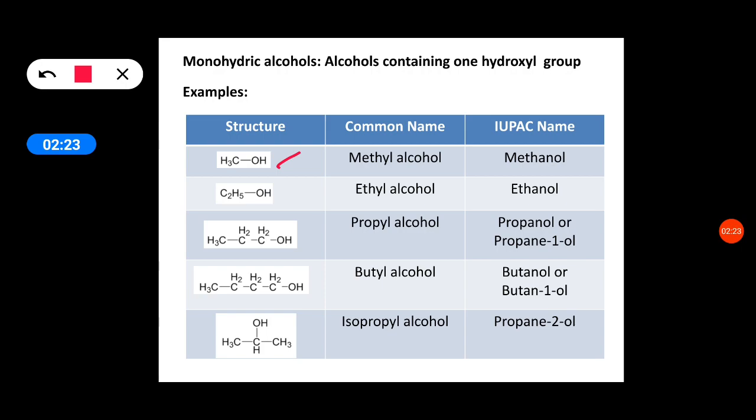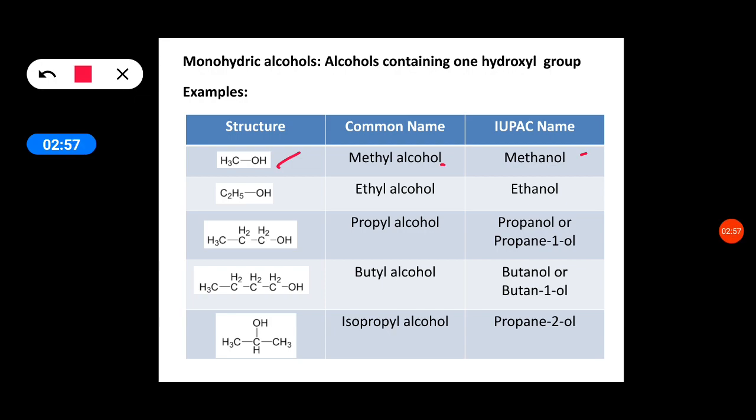In the common name, the alcohols are named as the corresponding alkyl group, and to that suffix alcohol is added. So here methyl group is there and suffix alcohol is added. This becomes methyl alcohol. But in the IUPAC name, one carbon meth, so it is methane. The suffix OL is added for alcohols, therefore it is methanol.